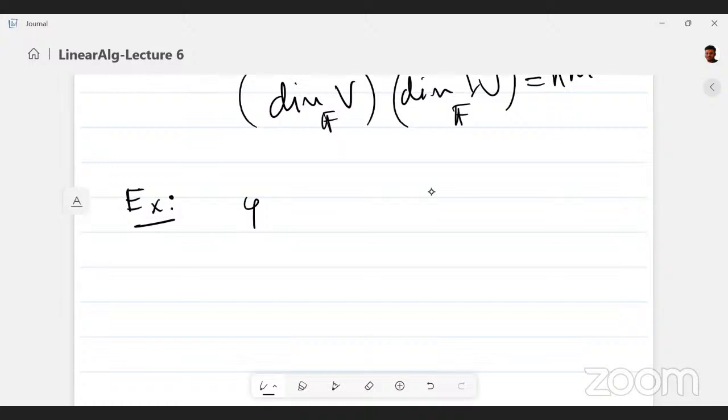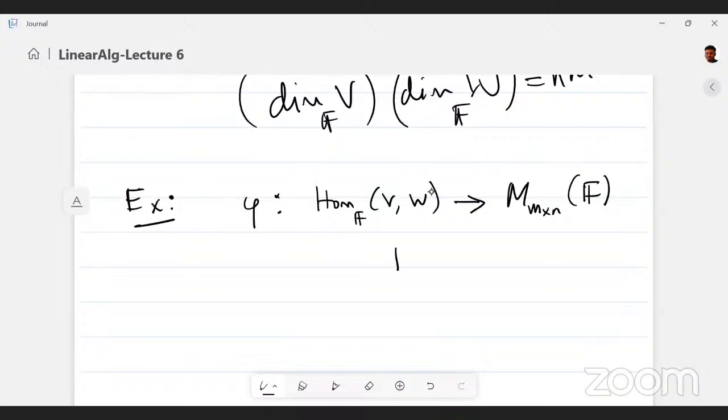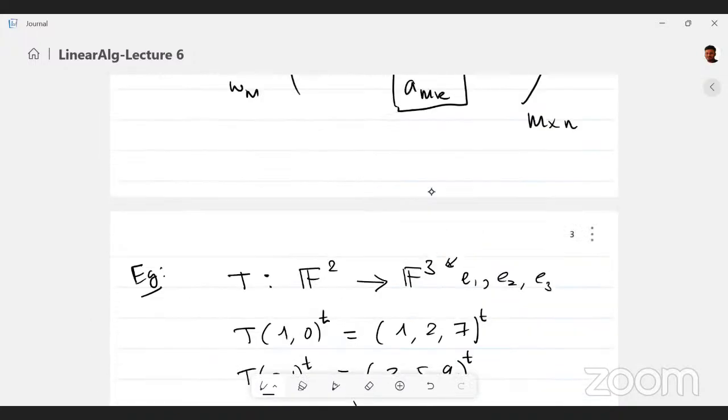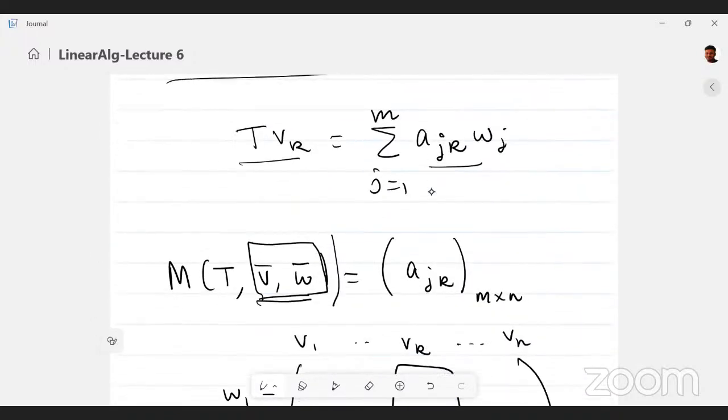So you can define this map phi from Hom(V, W) to M_{m×n}(F), the set of all m by n matrices over F. How am I defining it? You take T and send it to M(T, V bar, W bar). I have told you how to associate this matrix.